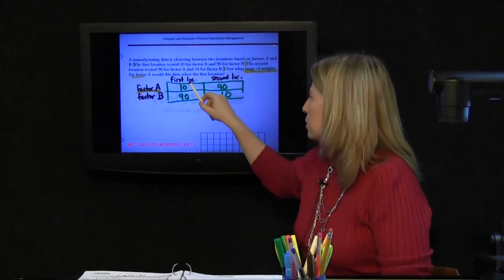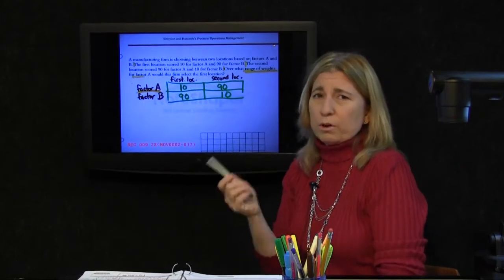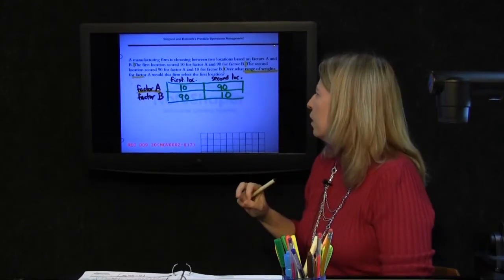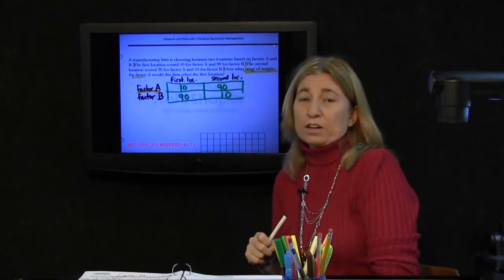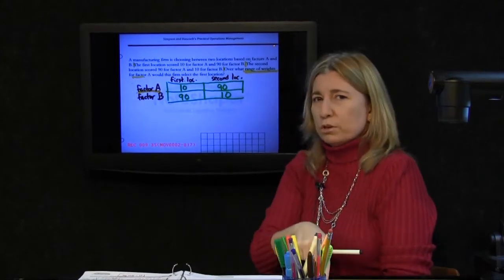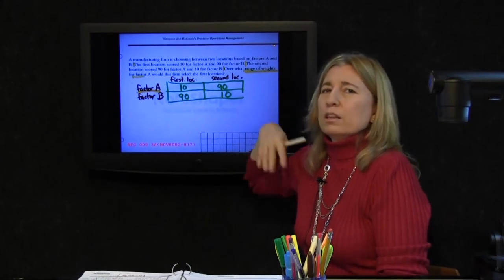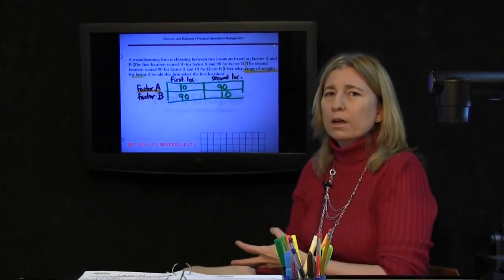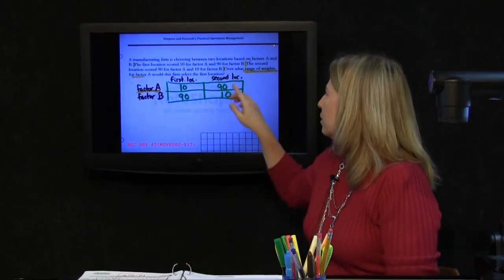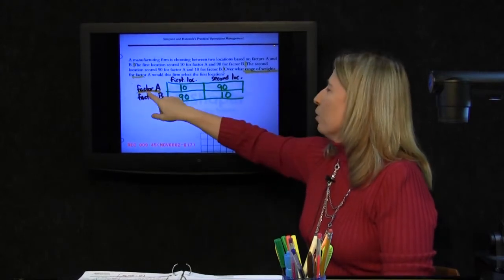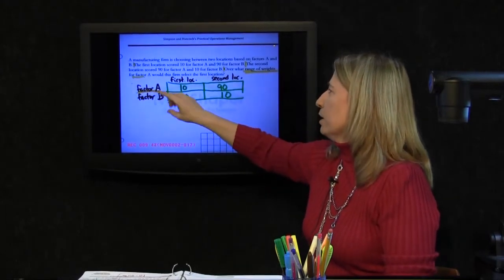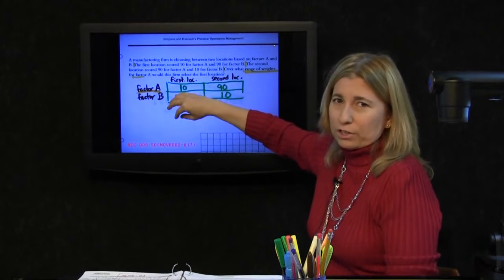Okay, the first location, because that's the subject of the question, didn't score very well for factor A, which is also the subject of the question, right? It's the one that got 10 for factor A and then a lot more for factor B. Now, over what range of weights, how important should factor A be that you would pick the first location?